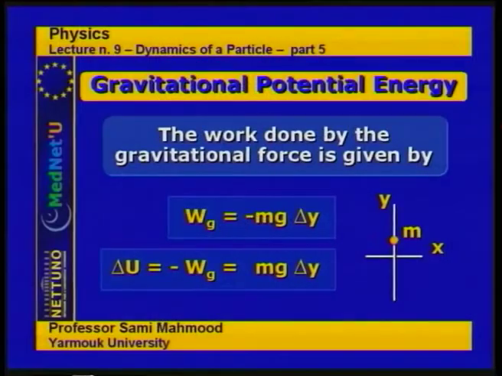Now we can use this formula in order to define the potential energy due to gravitational force, which is a conservative force.